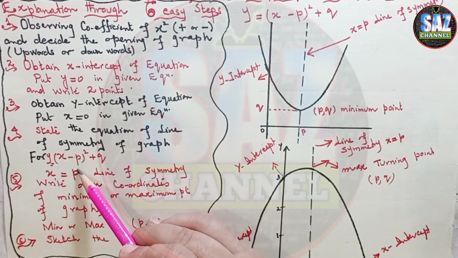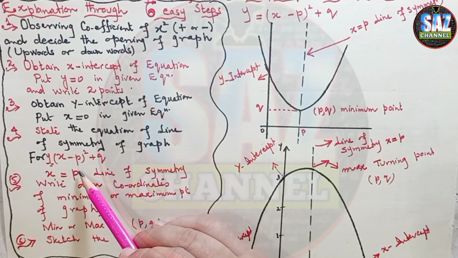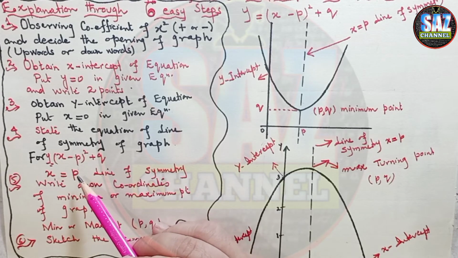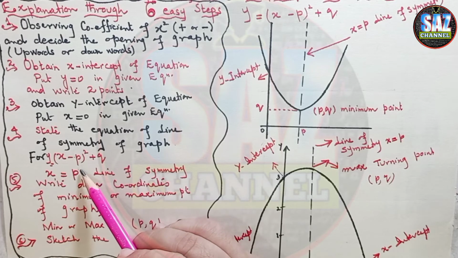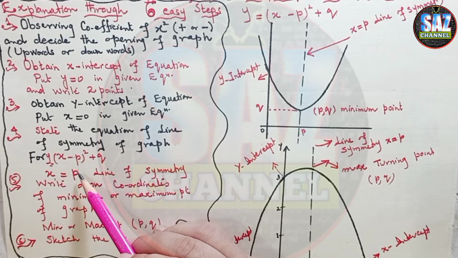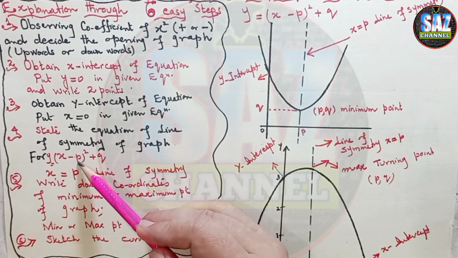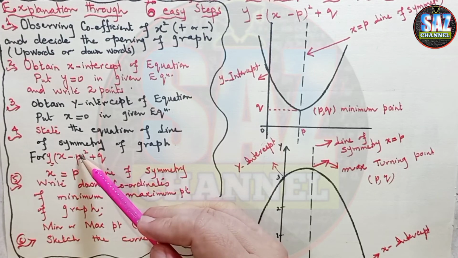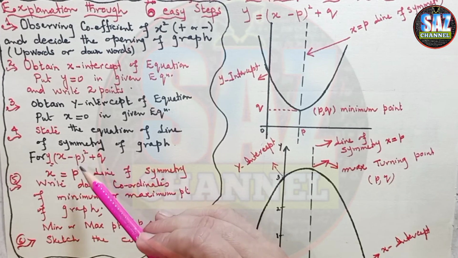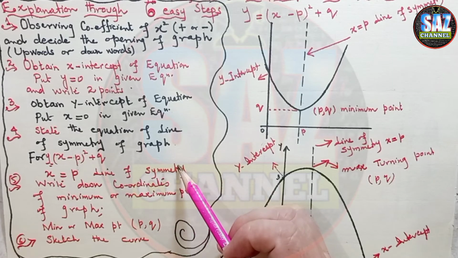Okay, do observe this carefully, do not struggle, because in the previous case, when the equation can be factorized easily by hit and trial method, the equation of line of symmetry was obtained by adding both x-intercepts and making it half. But in this case, whatever will be the number added or subtracted over here, that will be the line of symmetry.